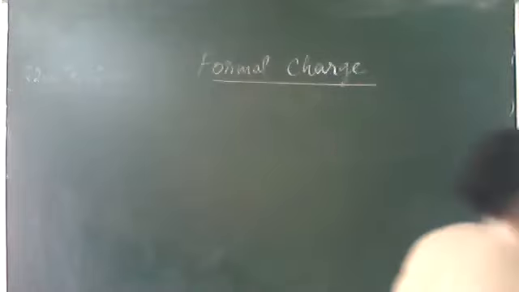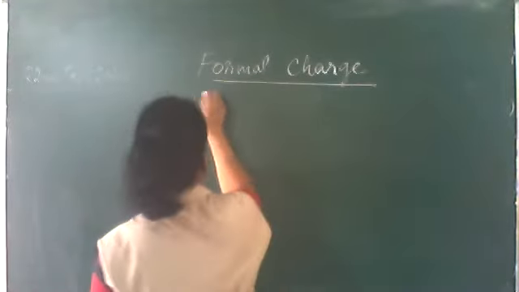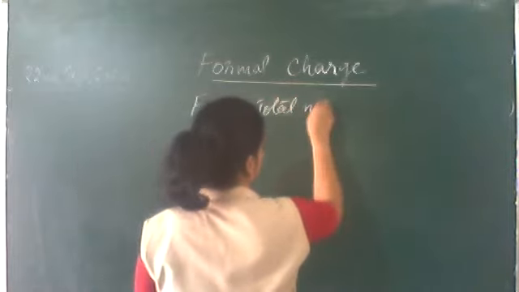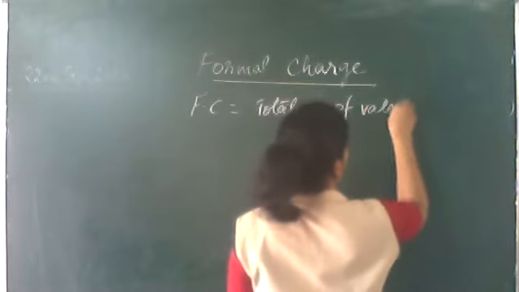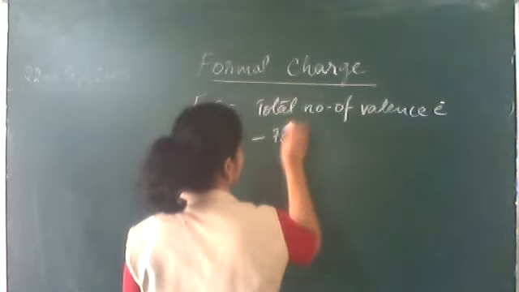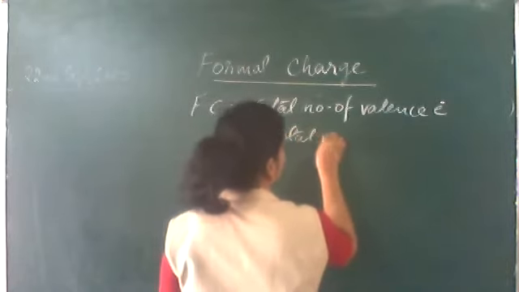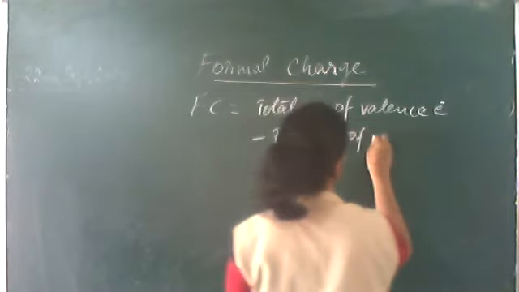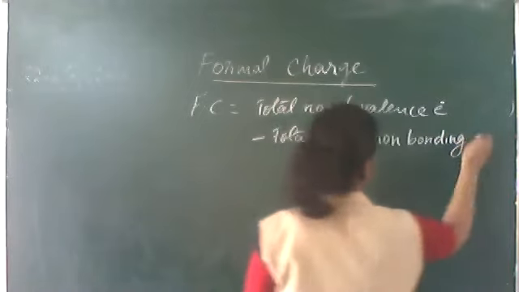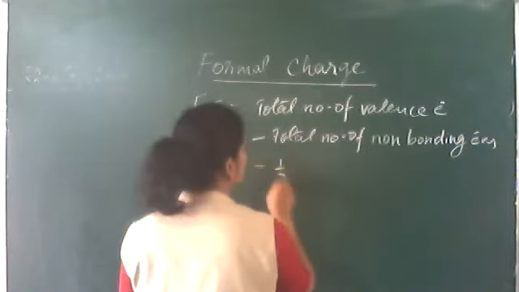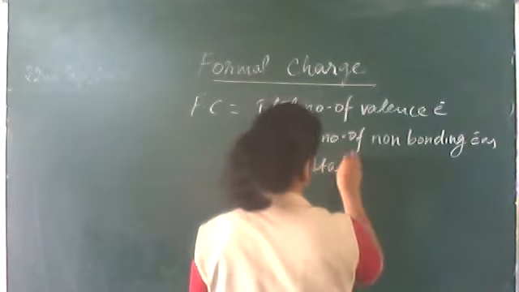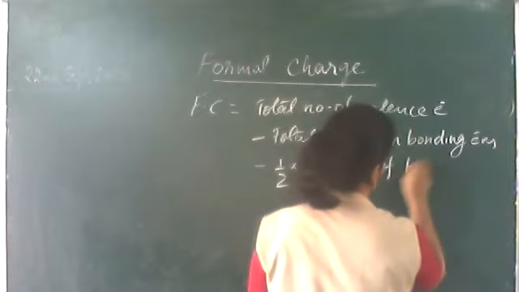Formal charge, Fc, is equal to the total number of valence electrons minus the total number of non-bonding electrons, minus half into the total number of bonding electrons.